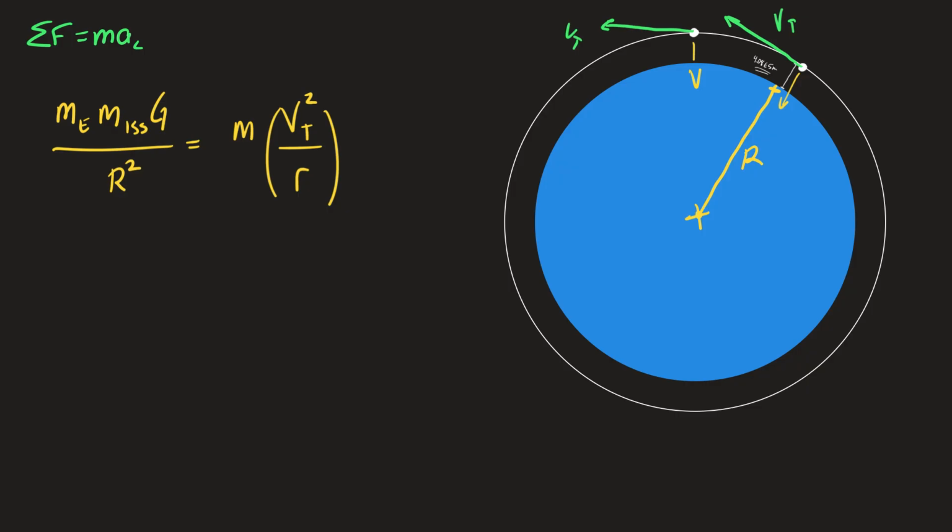Now, before we progress, which mass is this? This will be the mass of the ISS. The mass we put here is the mass of the thing that's orbiting. Right? This is the one that's in circular motion. So we put the mass of the object that's in circular motion here.